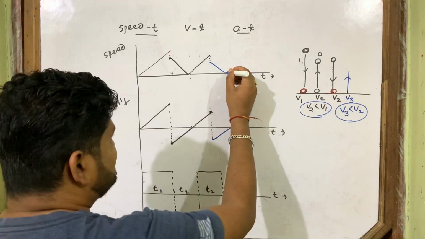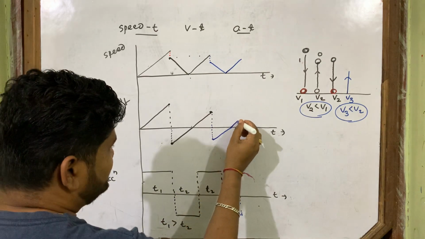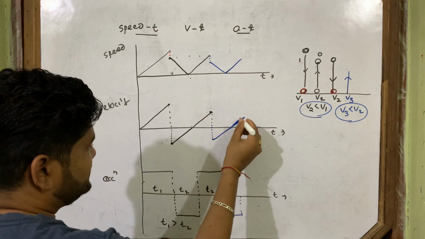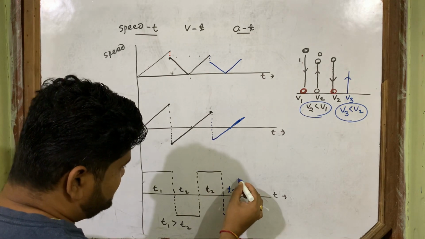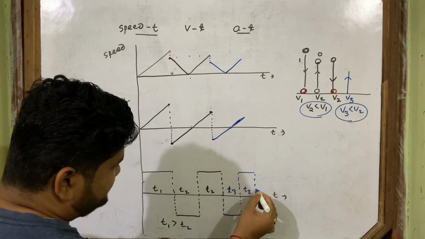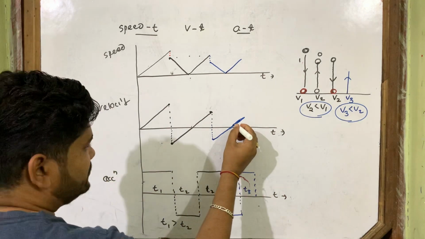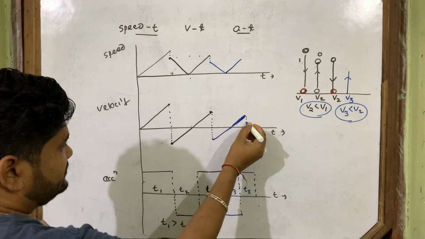So now you can repeat this graph. This graph also will rise to this much height. Okay, so this graph also becomes the same and positive. This is T3 also. Clear? So this will go to that much positive. Okay.